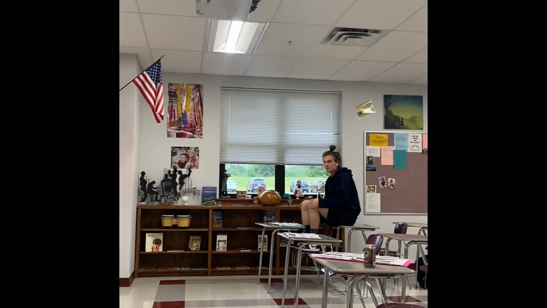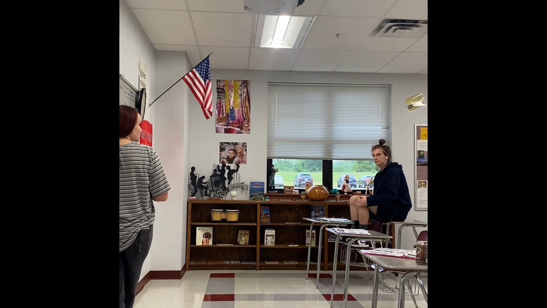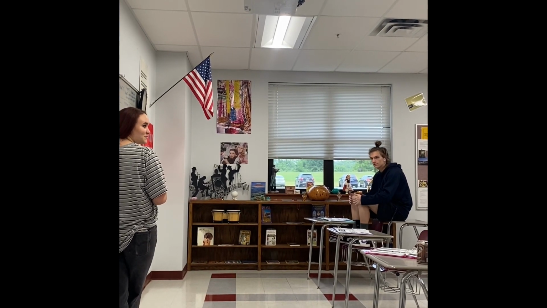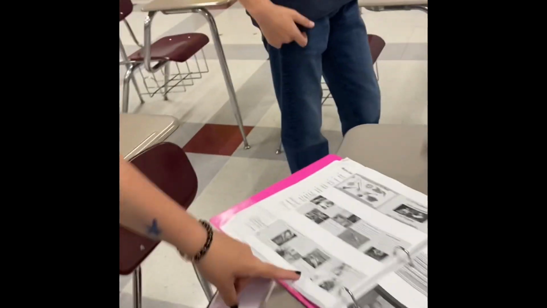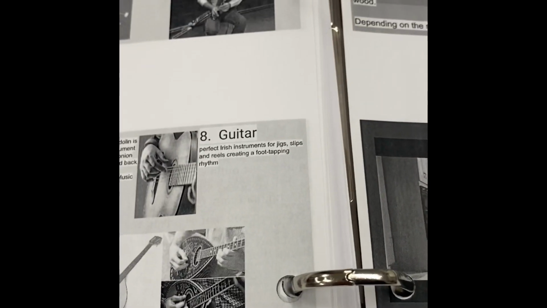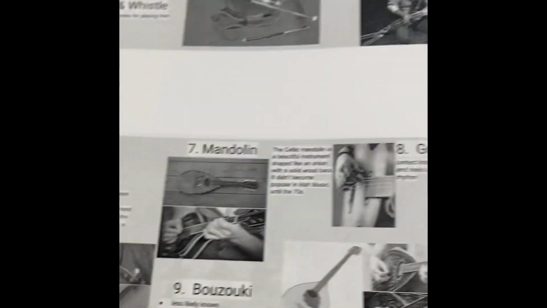I don't know what country is missing. Ireland. Which one did you say? Domra. Oh yeah, that's the one from Russia. Can I use this one? That's the best one. Oh, it looks like the word bazooka, but it's not.